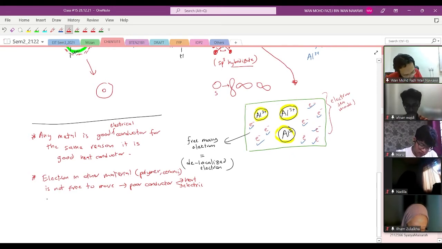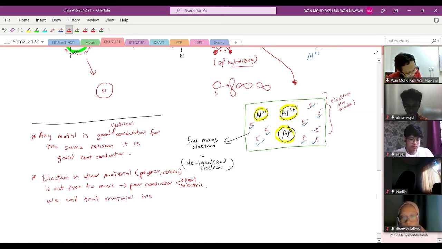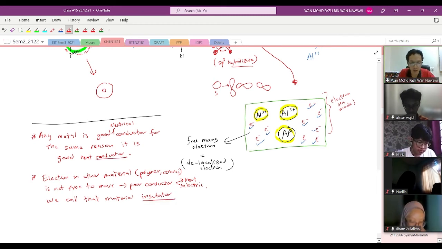We call that material an insulator. So metal is a conductor because of this.